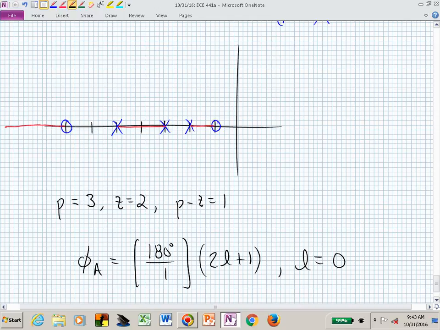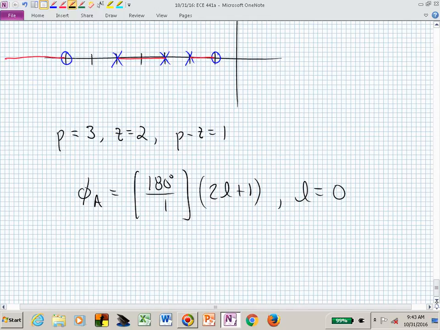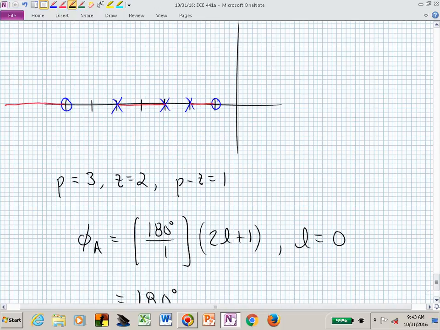So I now have 180 times 1. My angle of my asymptote is 180 degrees, which says, where's my asymptote lying? The real axis, and it's going off to minus infinity, isn't it?